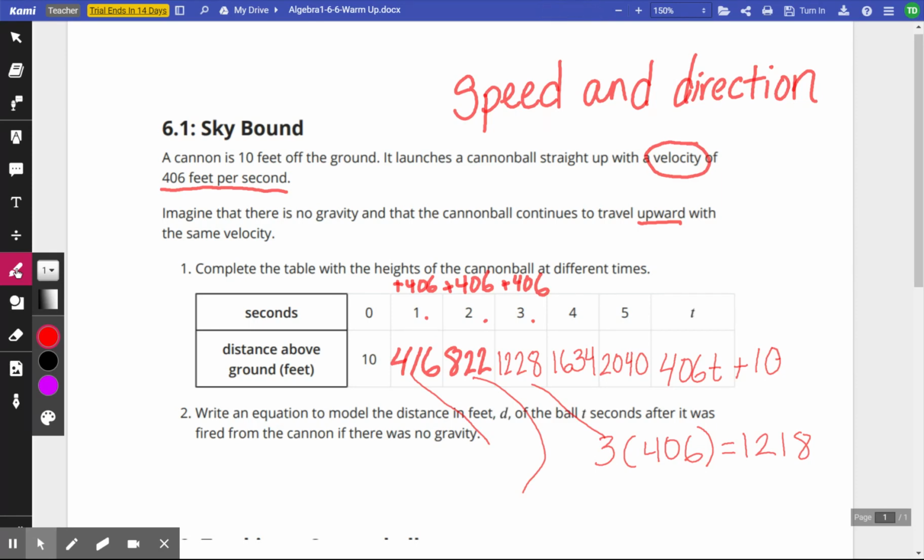I'm just going to erase all this real quick. Well, this question is really just asking me what we just figured out in column T. So my equation is going to be d, the distance, equals 406t plus 10. Because again, this is t seconds after it was fired from the cannon and there's no gravity. All right, and that is the warm-up.